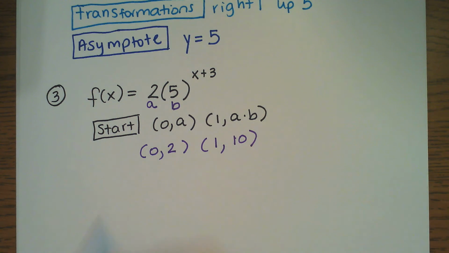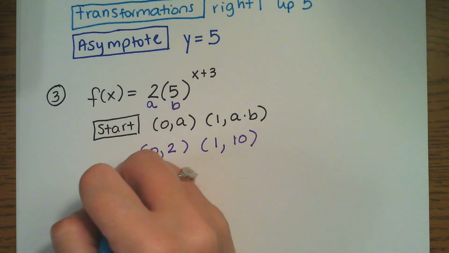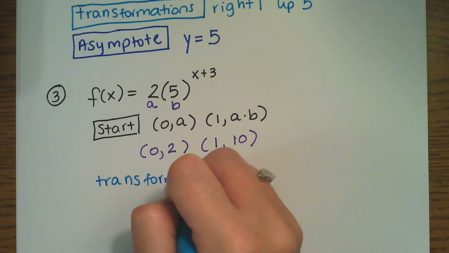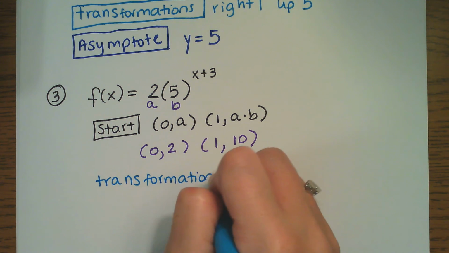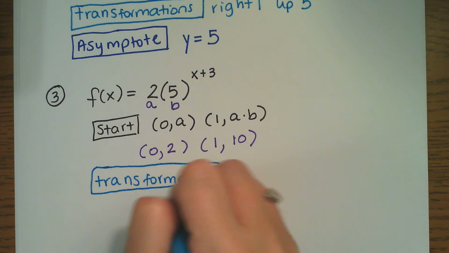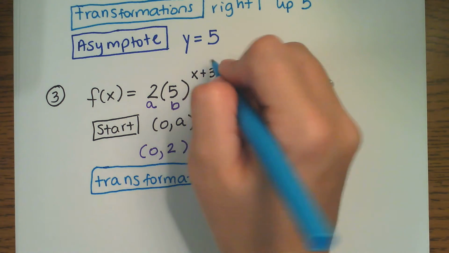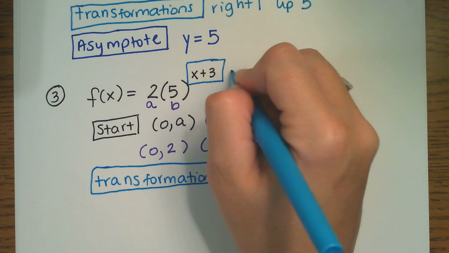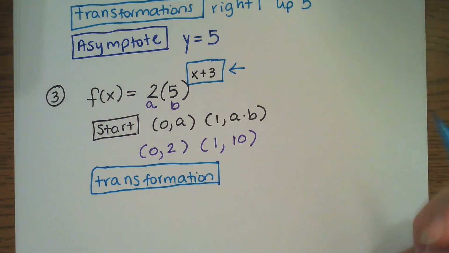But once I get those original points on the graph, I am going to have to apply the transformations, and this graph has a transformation. It's going to go to the left or the right 3?